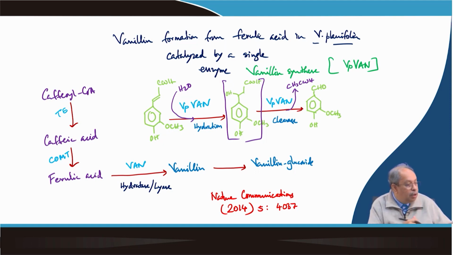This is the group headed by Birger Lindberg Moller from the University of Copenhagen, Denmark. Once this was published, the group led by Richard Dixon from the USA, the Samuel Roberts Noble Foundation, collaborated with several people in Italy.